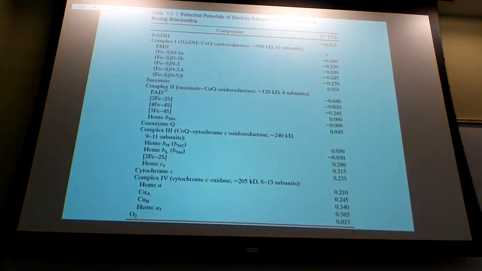We have electrons that are coming technically from succinate, because that is where we get the electrons to reduce the FAD. And then from that FAD, I'm going to pass it through a bunch of iron sulfur clusters, pass it to a heme, and then eventually pass it to coenzyme Q. Okay. So now we have electrons from NADH and electrons from FADH2, both at coenzyme Q.